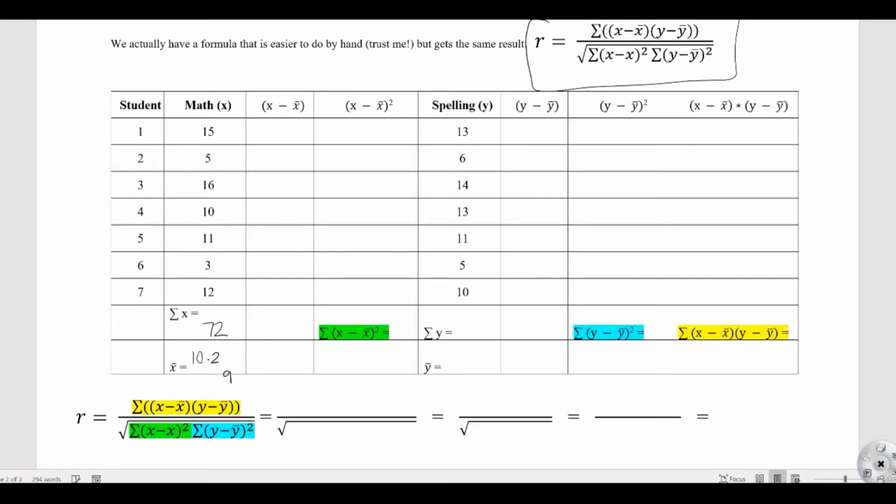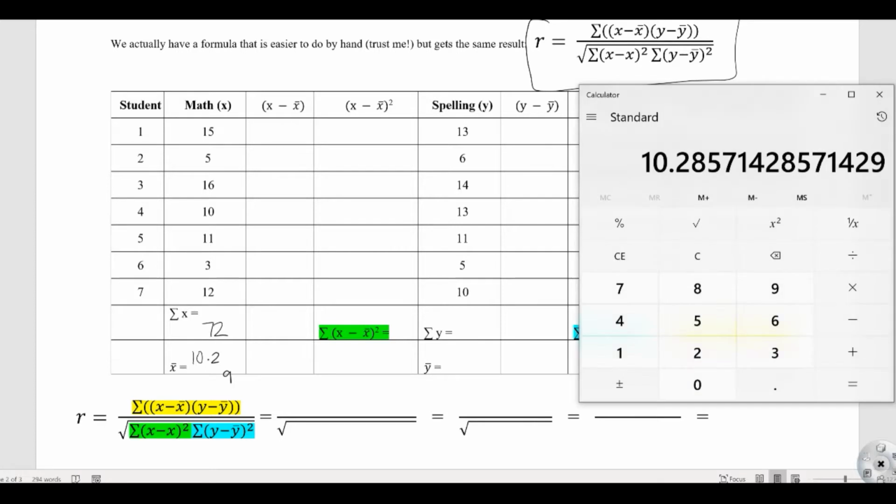Okay. Now let's go ahead and do the same thing for Y. So for Y, I have 13 plus 6 plus 14 plus 13 plus 11 plus 5 plus 10. I get 72 again.